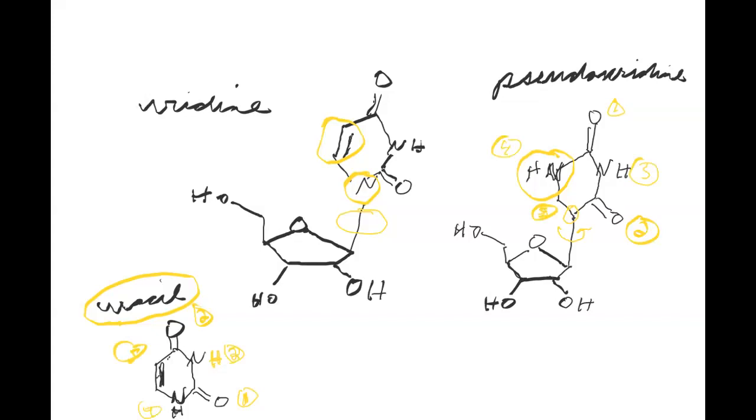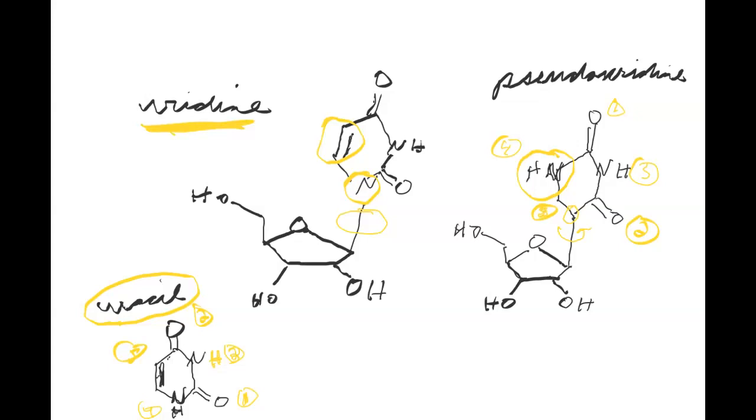Okay, all right, so now that's the differences between uridine, which is uracil with the 5-sided attachment, and pseudouridine, which is the rotation. It's really rotated.